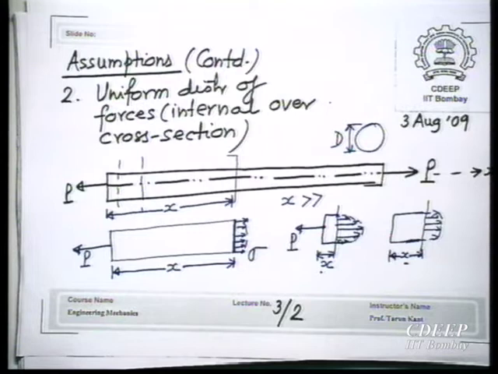So, this formula that we have arrived at will be valid when my cross section is away from the point of application of the load, not very close to it.